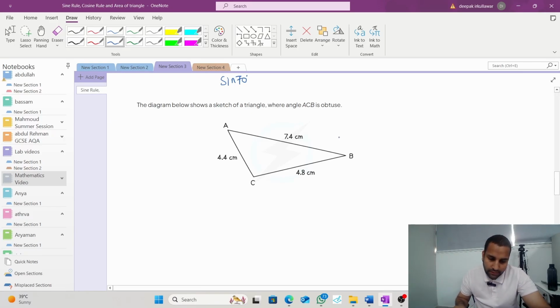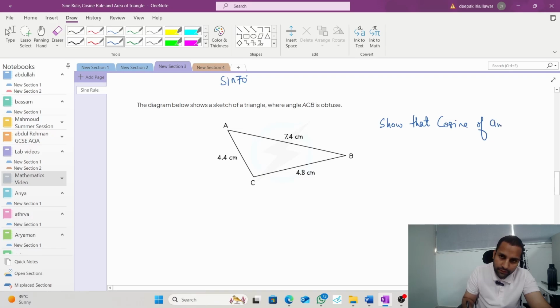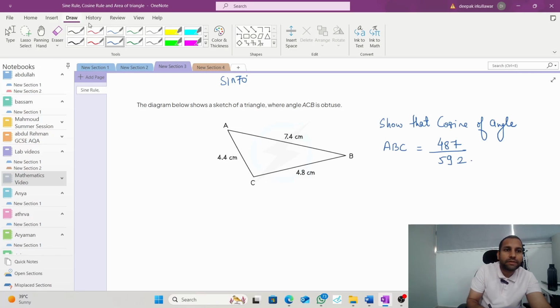Show that the cosine of angle ABC is equal to 487 by 592. Now, since we are supposed to find cosine of this angle, that means you can use cosine rule.